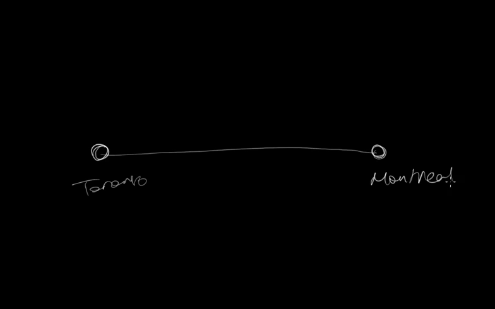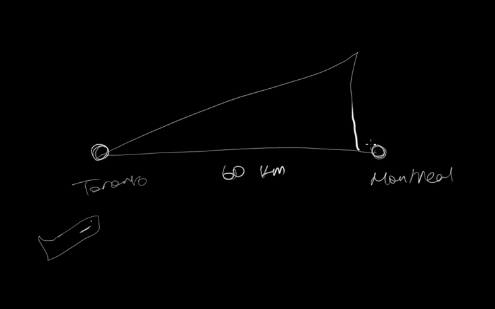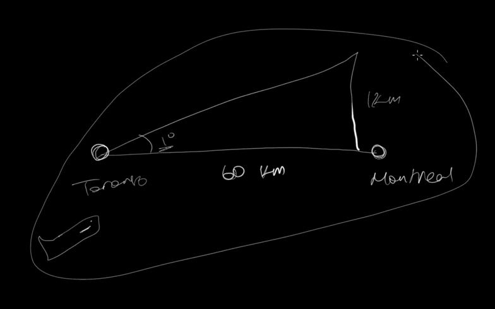There's a hypothetical distance of 60 kilometers between Toronto and Montreal, and a pilot is trying to travel this distance. While traveling to Montreal, he makes a 1 degree error in his calculations. What the 1 in 60 rule says is that he will be 1 kilometer, let's say, to the north of Montreal. He'll be off his track. And that's what the 1 in 60 rule is. So let's get on to an example.